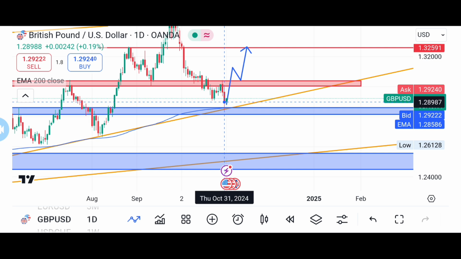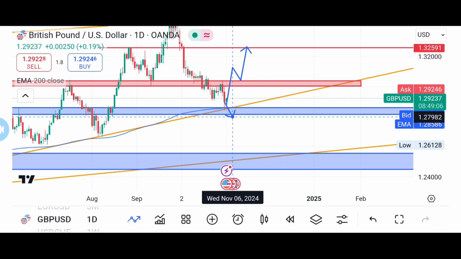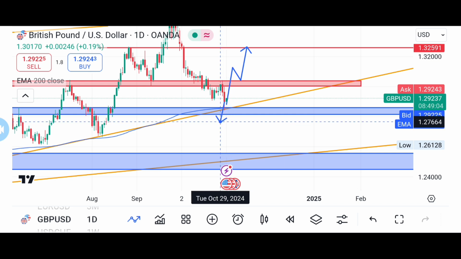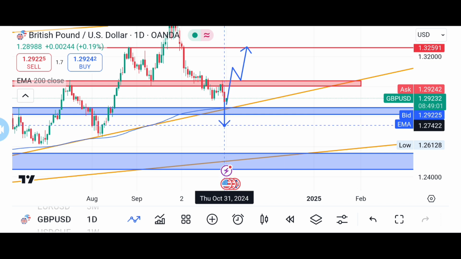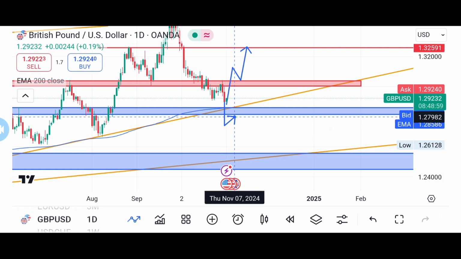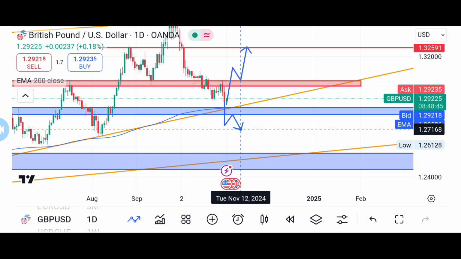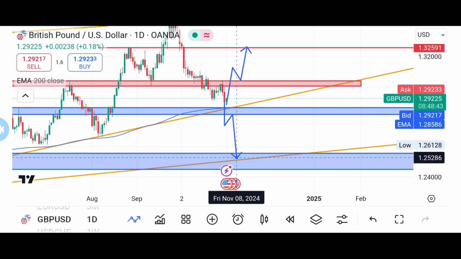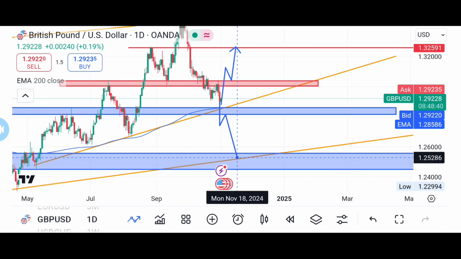If sellers come and break this trend line and this support zone with momentum, with a body candle, we shall enter for sell once the price retraces back to this region. Now it will change from being support to a resistance. So we shall enter for a sell and our overall TP for sell will be there at that point.